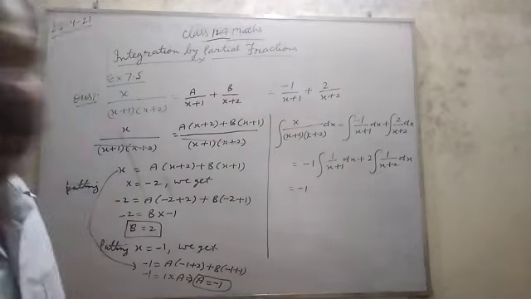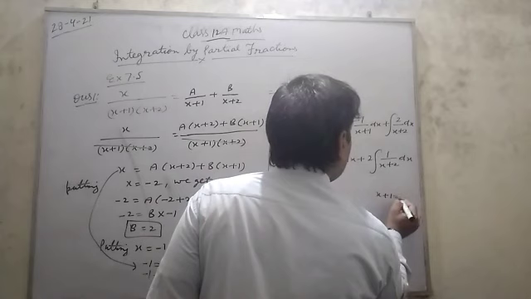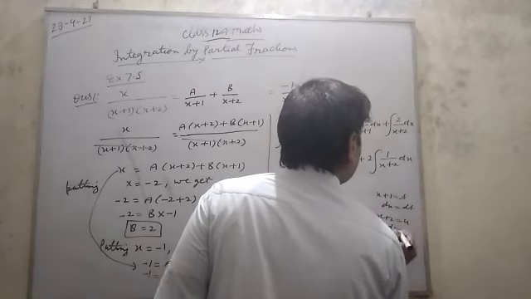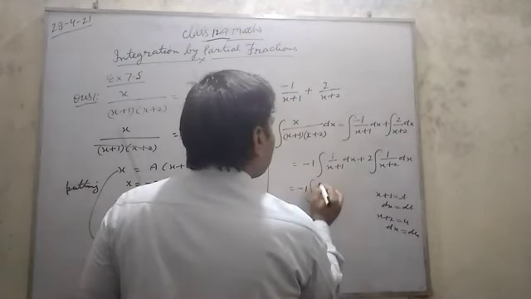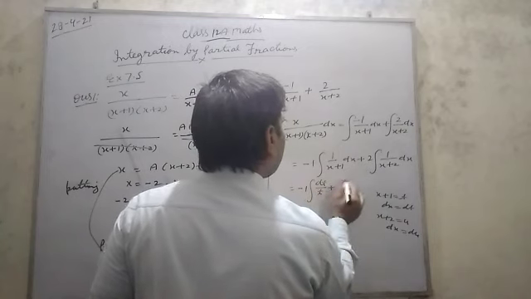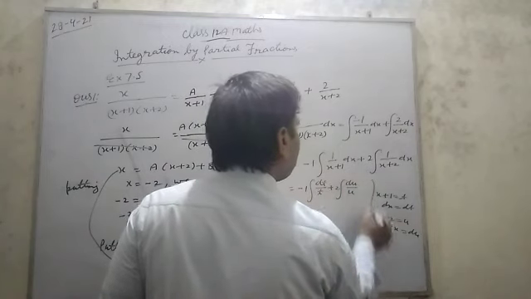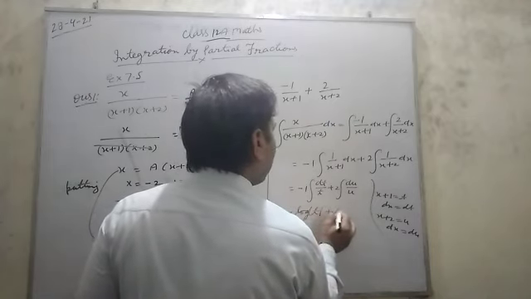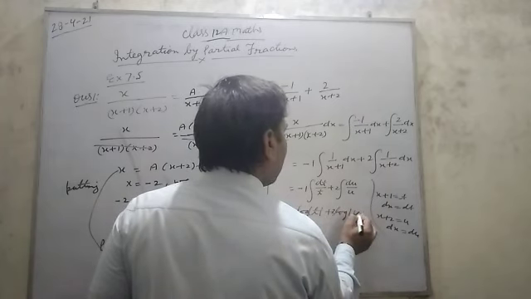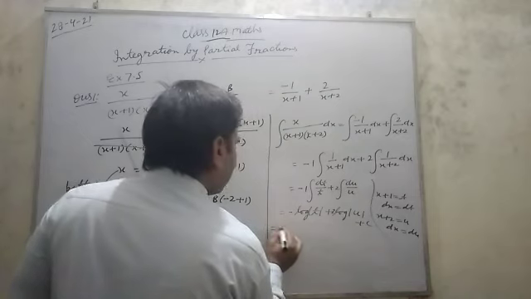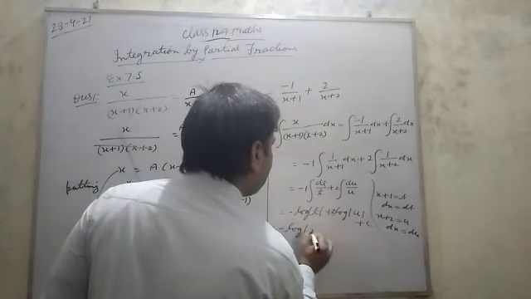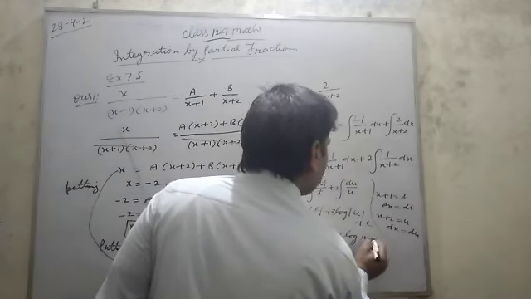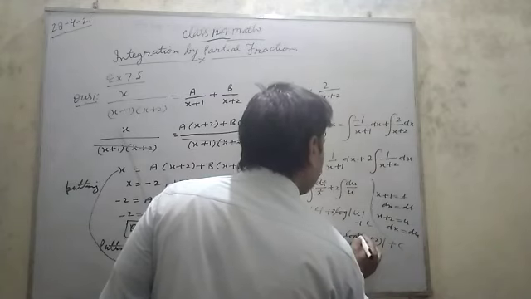Take x + 1 = t, so dx = dt, and x + 2 = u, so dx = du. So this is −∫dt/t + 2∫du/u, which gives −log|t| + 2 log|u| + constant. So −log|x + 1| + 2 log|x + 2| + constant.